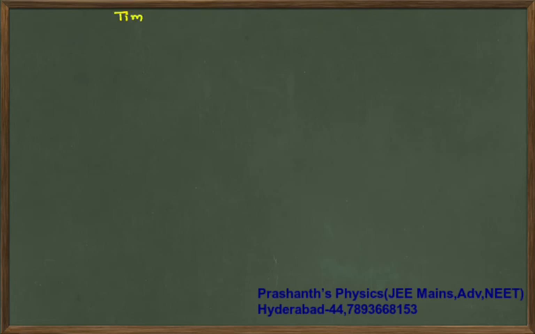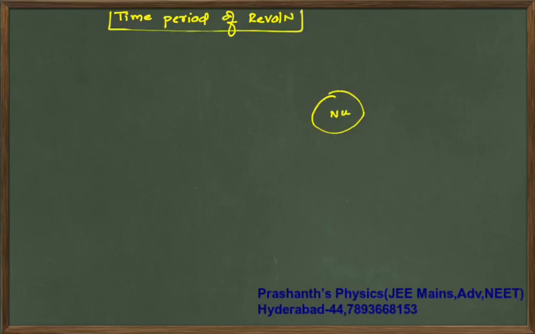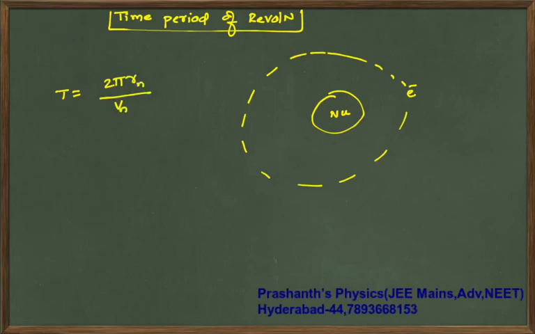Time period means time for one complete cycle. So you have nucleus and you have electron revolving around the nucleus. So your time period is 2 pi r by Vn, that is equal to 2 pi times Rn, 0.529 n square by z Armstrong, divided by Vn, because your time is distance by speed.